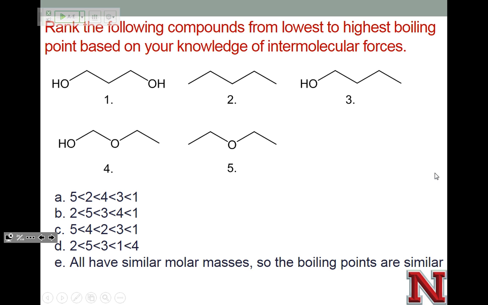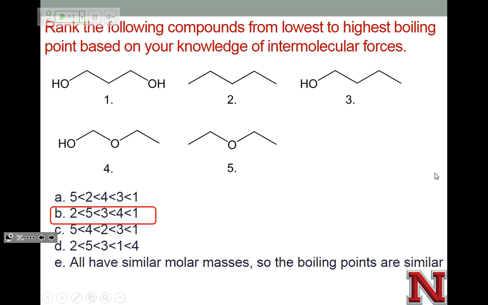So looking at these, if we're ranking them from lowest boiling point to highest boiling point, of course 2 is going to have the lowest boiling point. We don't have any polarity, and these all have roughly the same amount of London forces, so they're all pretty comparable. Then we have 5, which has no capability of hydrogen bonding. It's our ether in this case. This is our diethyl ether. We have an ethyl on each side.